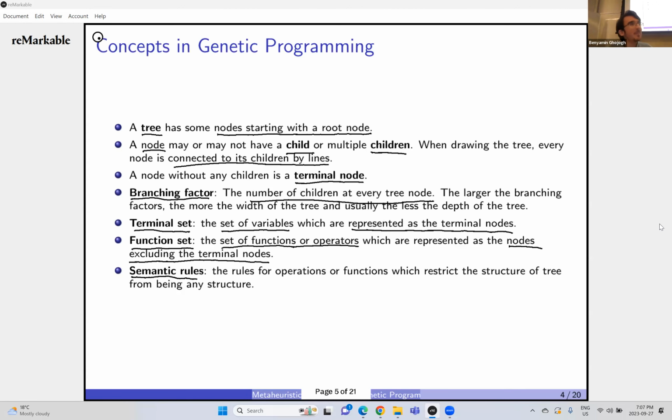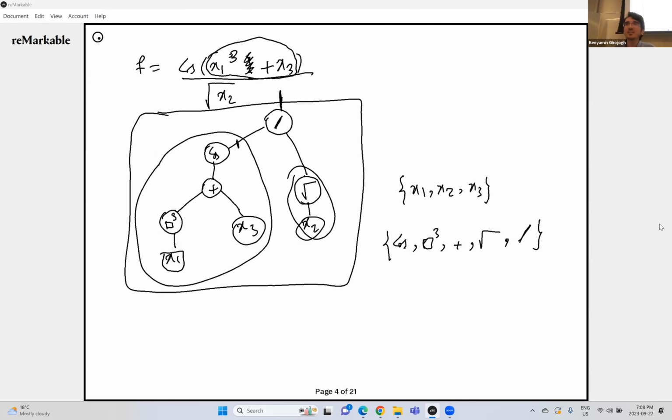Well, we also might or might not have some semantic rules. What are the rules for operations or functions which restrict the structure of the tree from being any structure? For example, we know that cosine has one input. Can cosine have two inputs? No. This is a semantic rule.